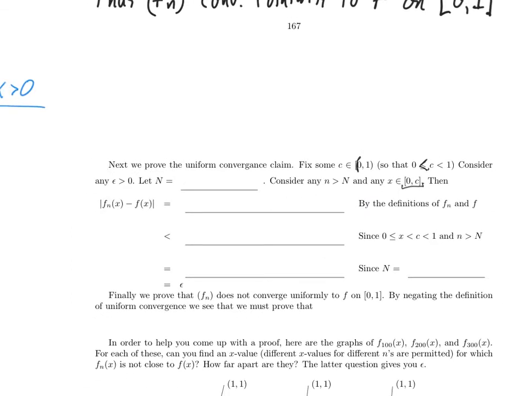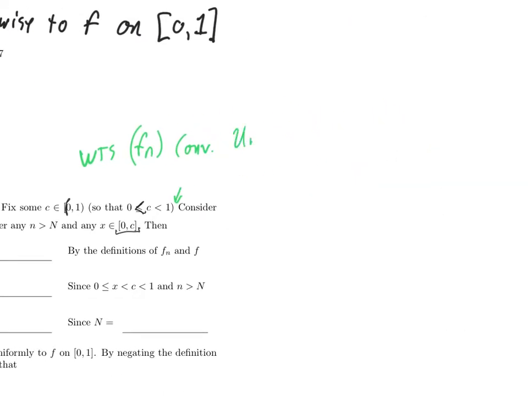So what will I do? Maybe I'll write down what I want to show. So fix some c between 0 and 1. What is it that I want to show? I want to show f sub n converges uniformly to f on [0, c].